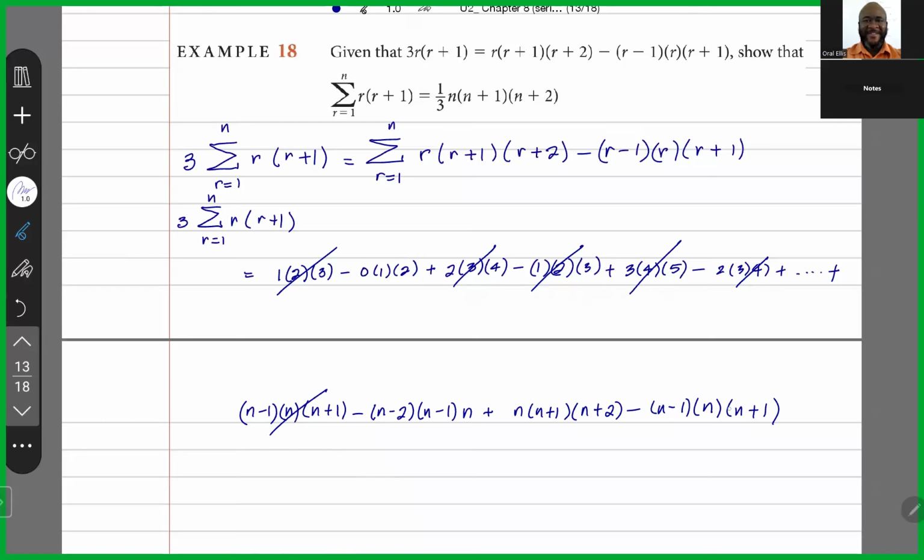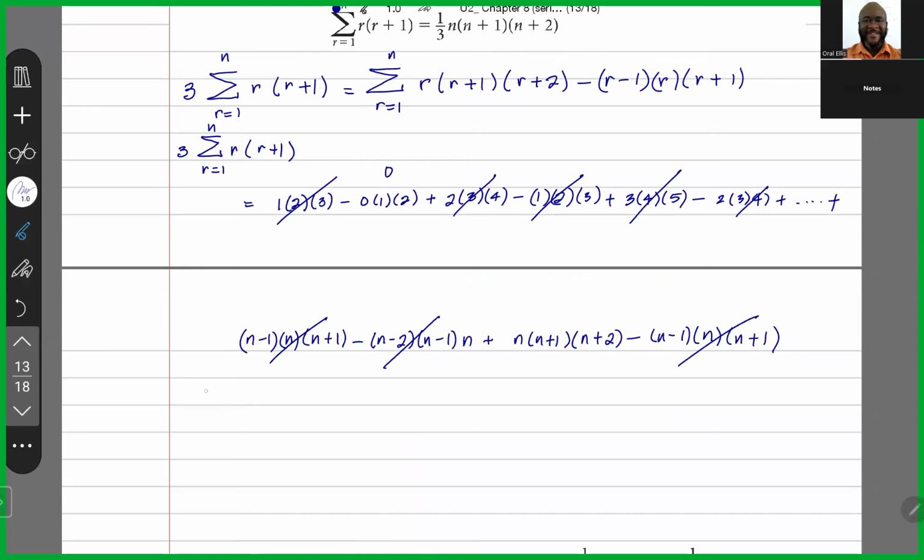So this is going to go. So this goes, this goes. The negative term is going to find its positive 3 terms to the left, so this negative term is going to go. And this term is equal to 0.